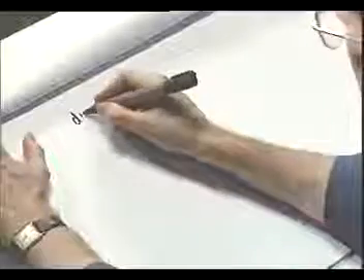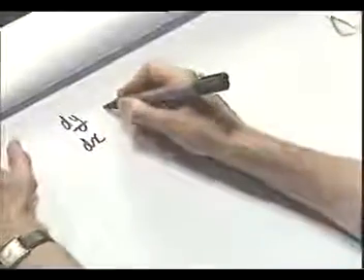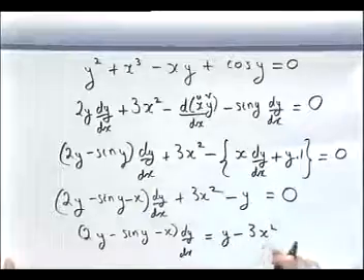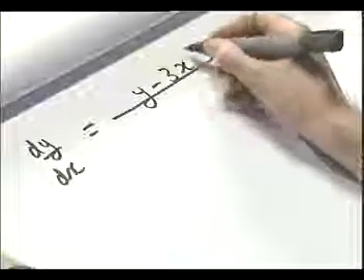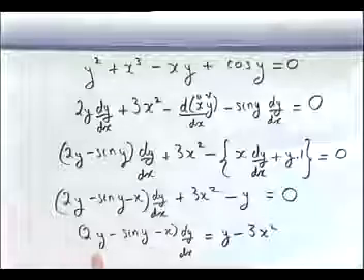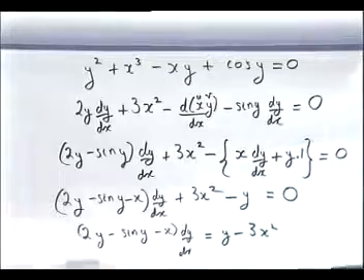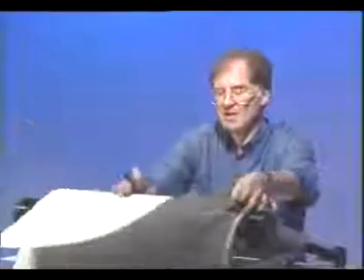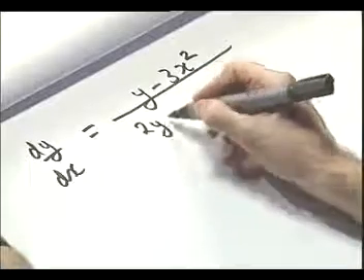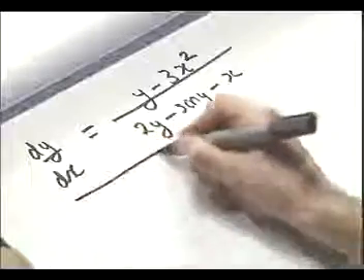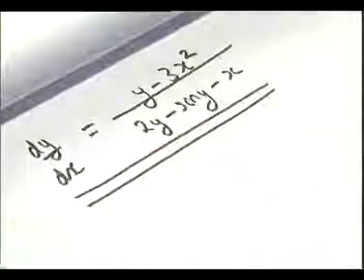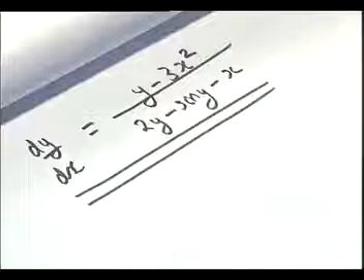So we'd get dy by dx was equal to, just go back, we've got y minus 3x squared to go in the numerator on the top, and this factor to go on the bottom in the denominator. 2y minus sine y minus x. And there we have our derivative.